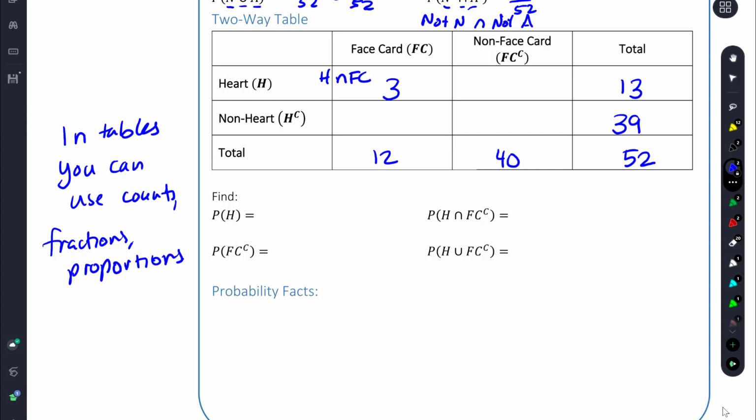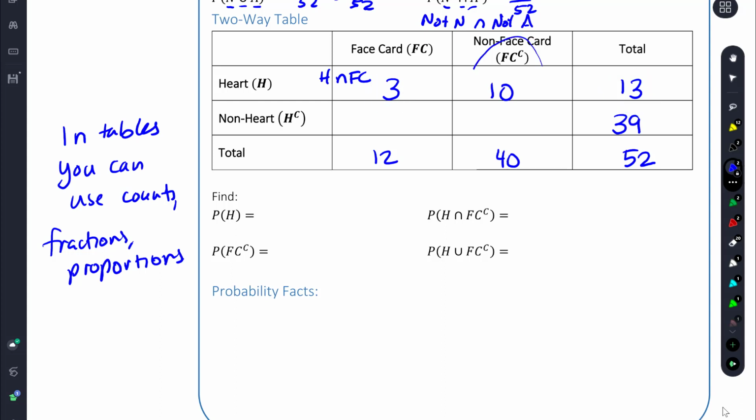Now we can just use logic to figure out the rest of these. Again, using the complement idea to see what's the opposite of something happening. Here, if we have 3 total face cards that are hearts and 13 hearts in total, that must mean the complement will be 13 minus 3, or 10 total hearts that are not face cards.